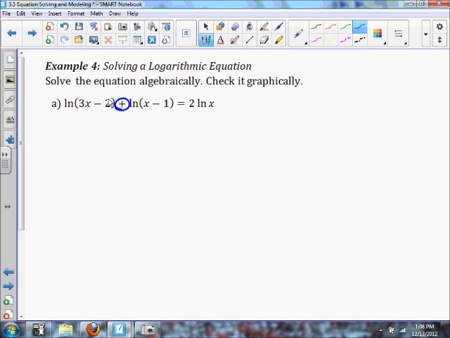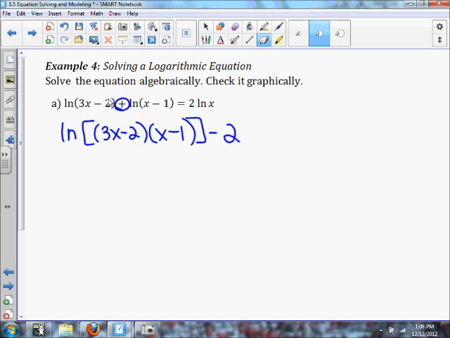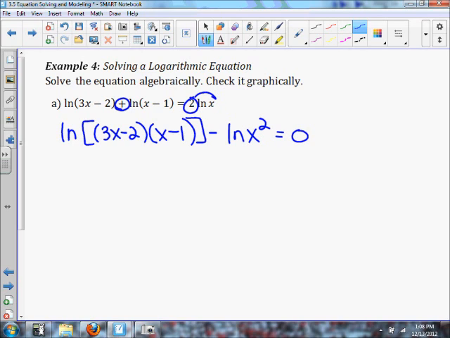Because we're adding here, and we're taking two natural logs, we're going to go backwards and multiply these. And I'm going to change this one here to ln of x squared. That equals 0. Because remember, I can take this as a power.